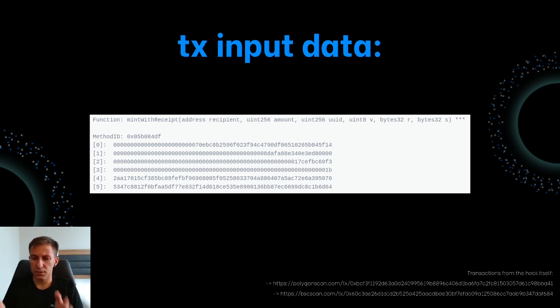So the only thing the attacker did is to use this same transaction on both chains. Of course, you had to modify some fields in the transaction so it matches the smart contract address, because the smart contract address is different on the other chain, but you pretty much didn't have to tinker a lot to make it happen.